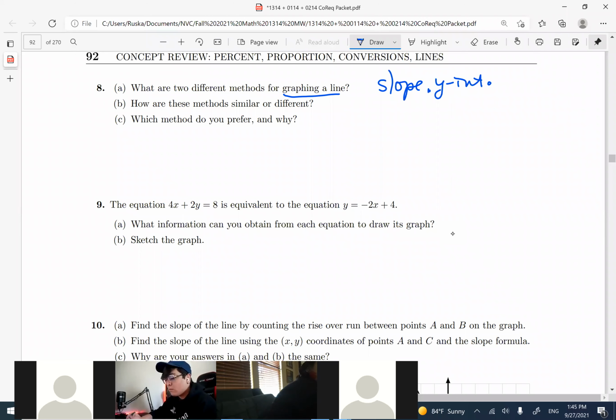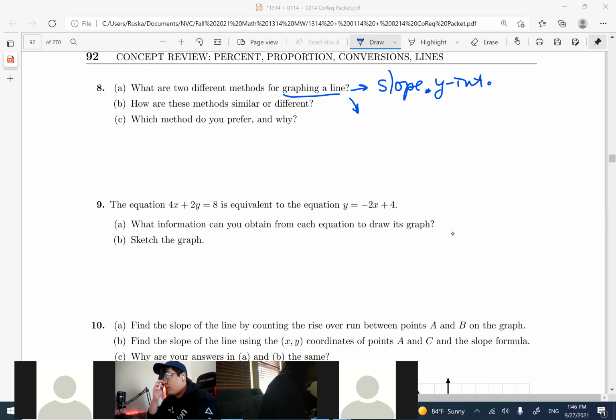And what was the other method we talked about for graphing it? So one method is using slope-intercept, the slope and the y-intercept. And the other one, do you remember? It's the formula for the slope, with points.